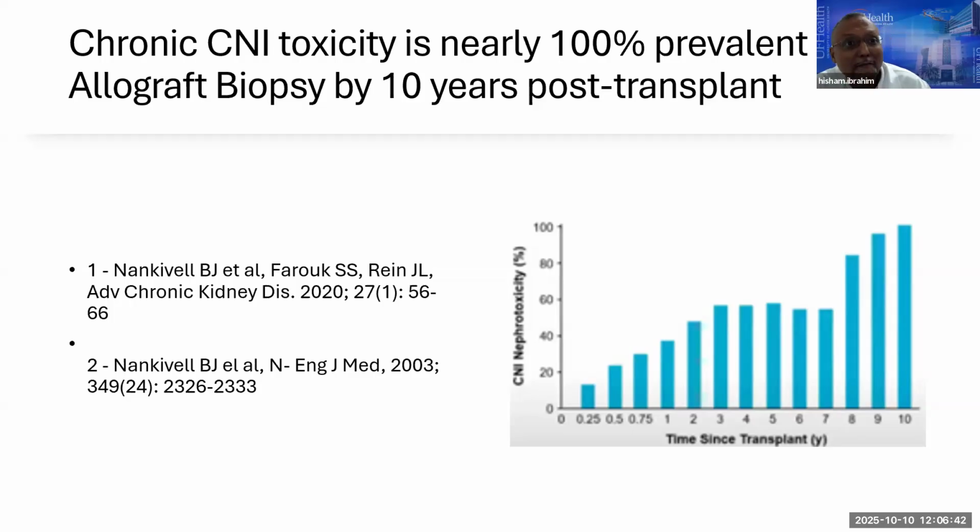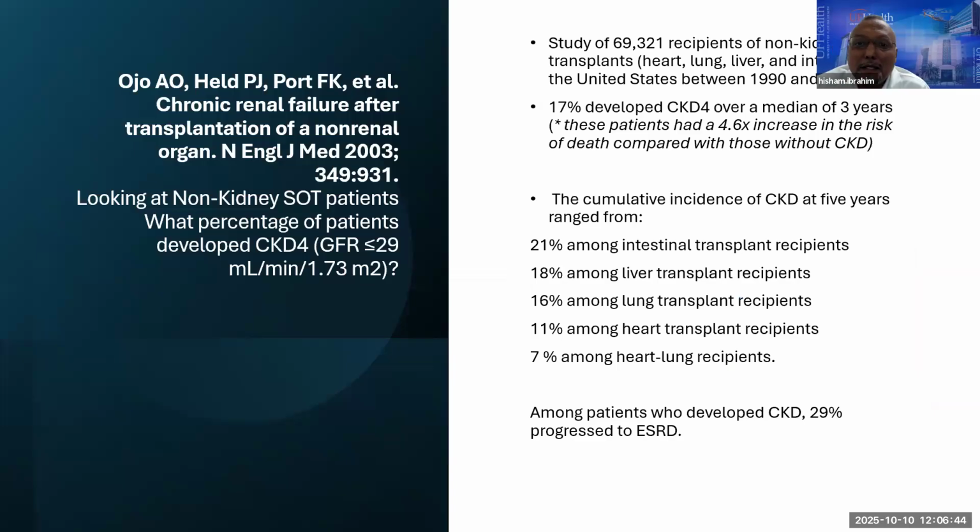This is actually a very good study, almost 70,000 patients. These are non-kidney transplant patients: heart, lung, liver, and intestine transplants. It shows what percentage of these patients end up with CKD stage 4, GFR less than 30.